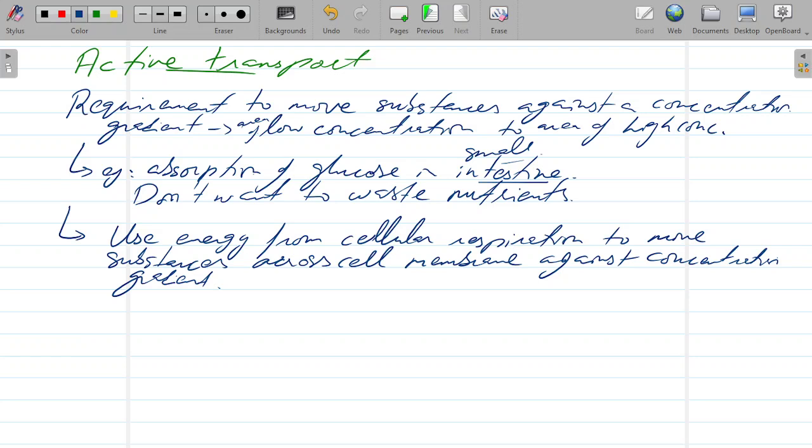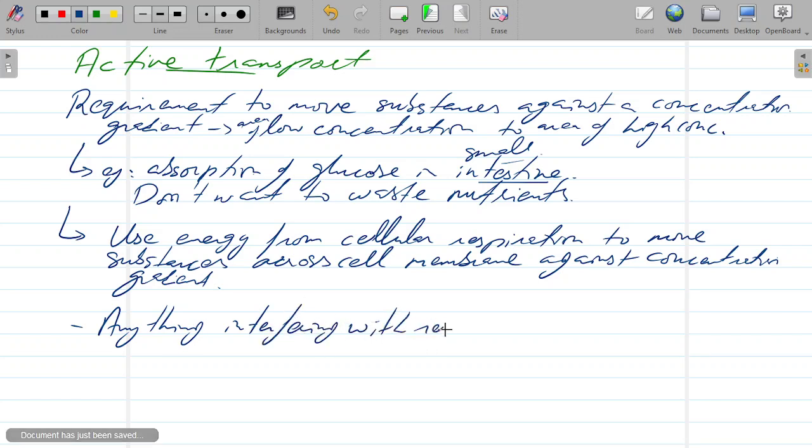And so, anything that would interfere with respiration would stop active transport from happening. For example, a lack of oxygen.